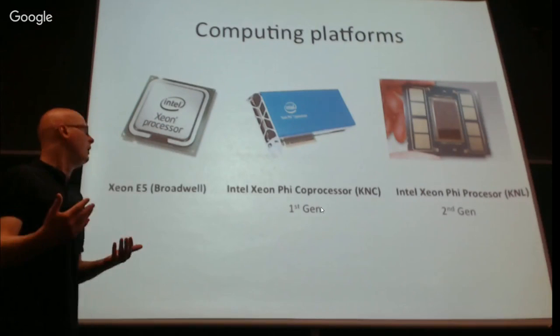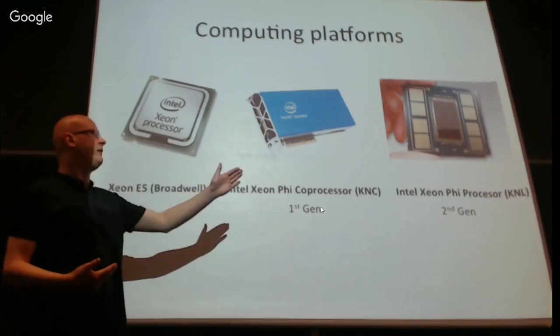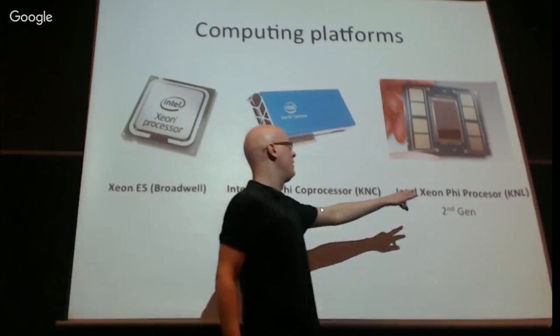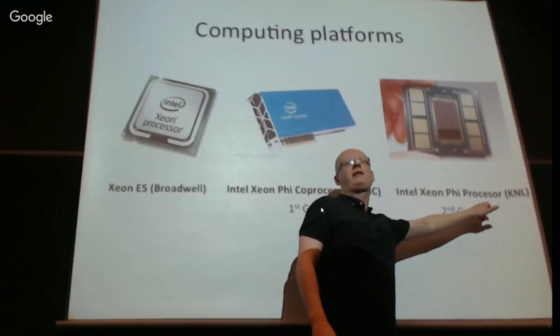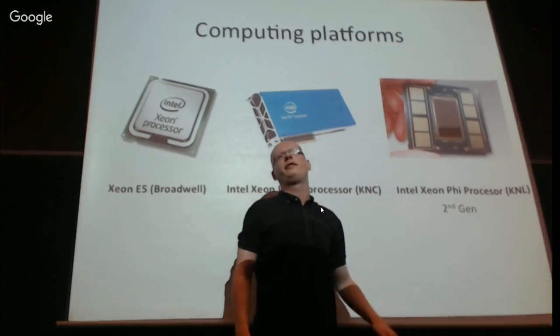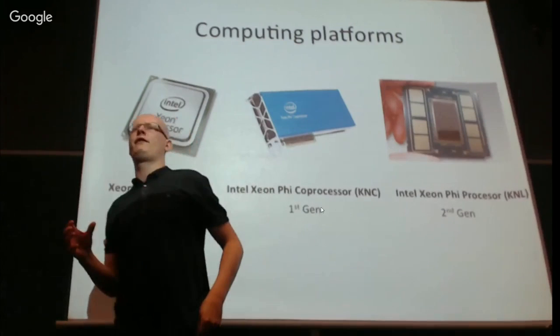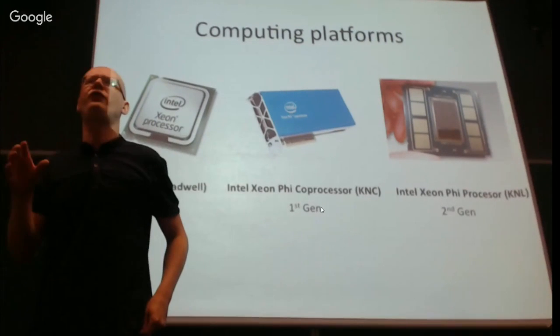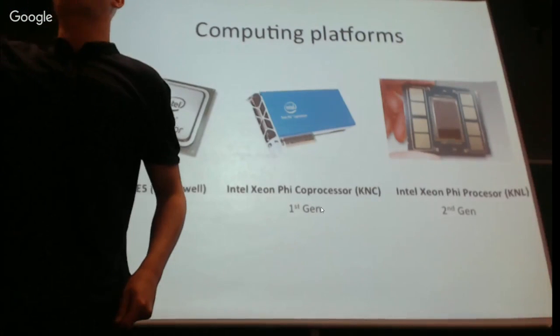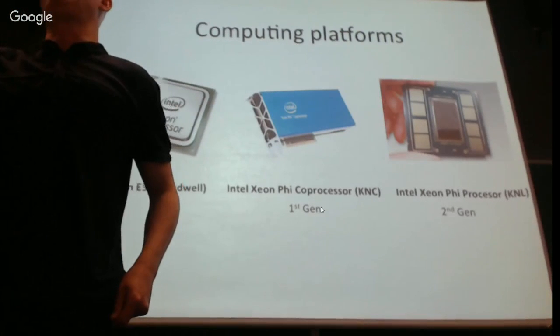Then we're also going to be talking about the Intel Xeon Phi processor. Here's what I really want to underline, this word that is misspelled by me: processor. It's not coprocessor. It comes in the flavor of a coprocessor as well, but what's of most interest to software developers, particularly in the HPC market, is the on-socket processor flavor of KNL.